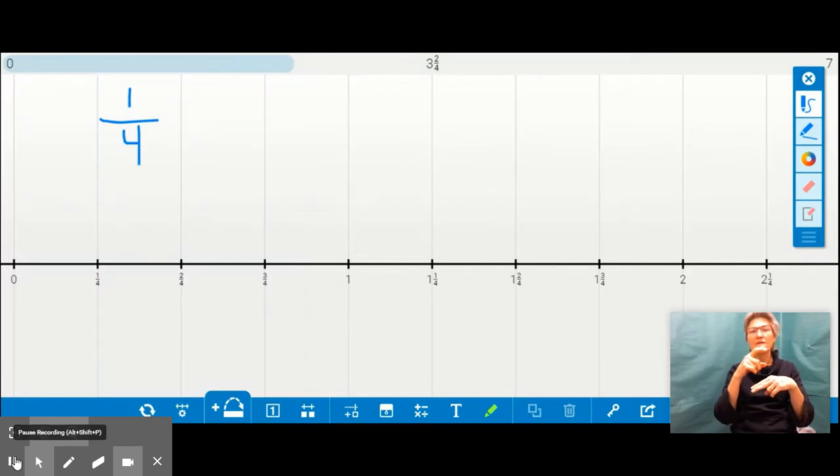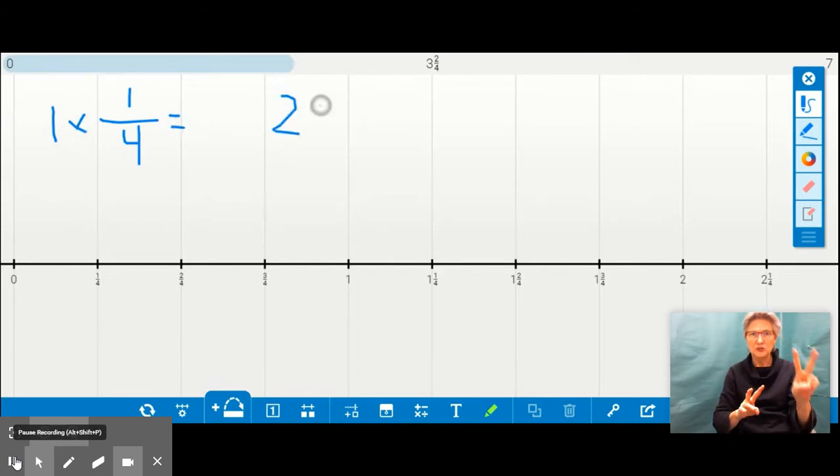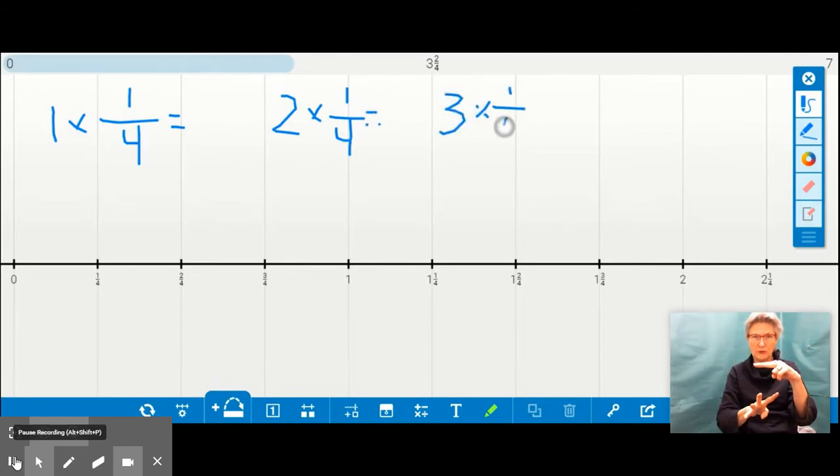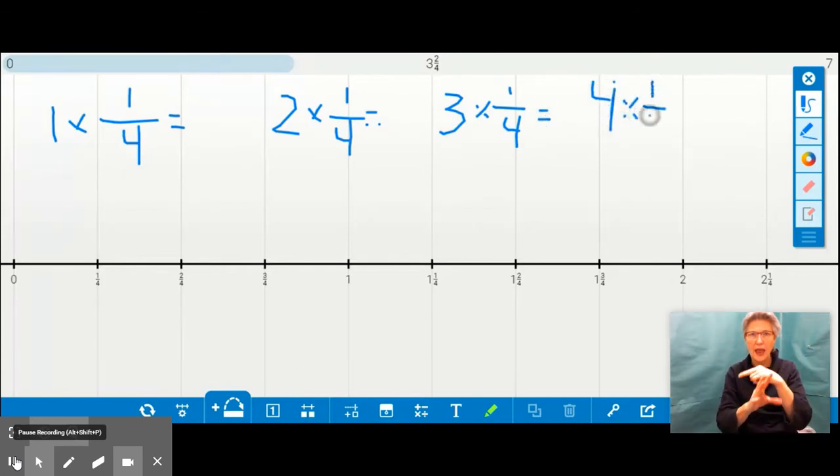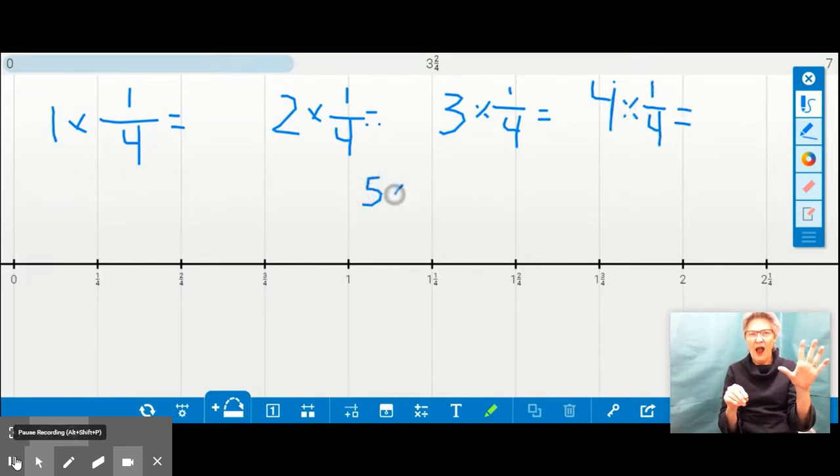So if I'm listing 5 multiples of 1/4, what I'm doing is I'm solving 1 times 1/4, 2 times 1/4, because that would be my second multiple, 3 times 1/4, 4 times 1/4, and then I'm going to write it down here just for space, and 5 times 1/4.